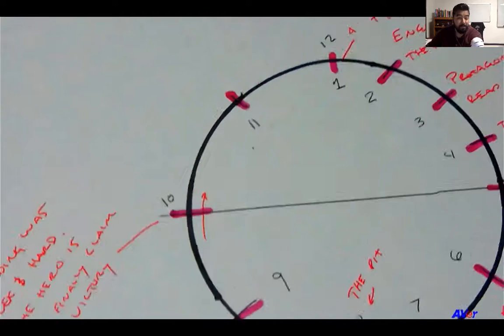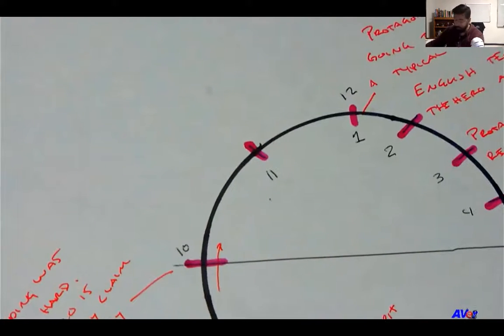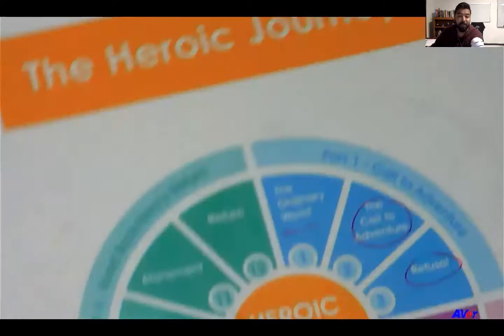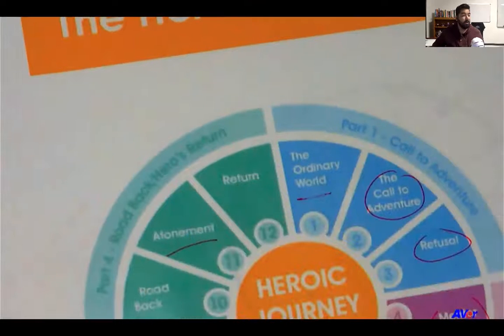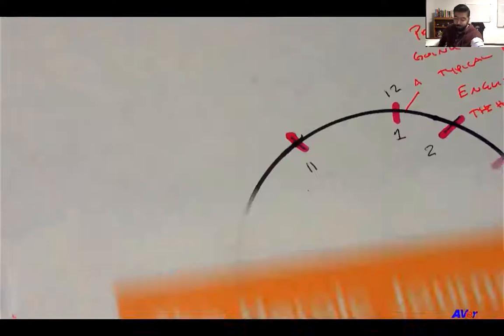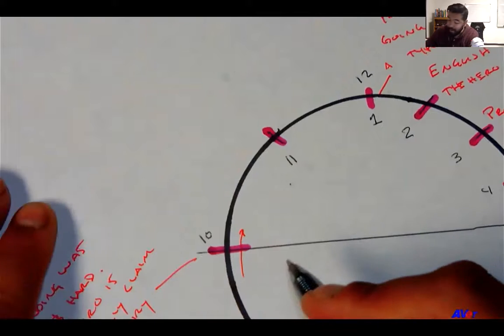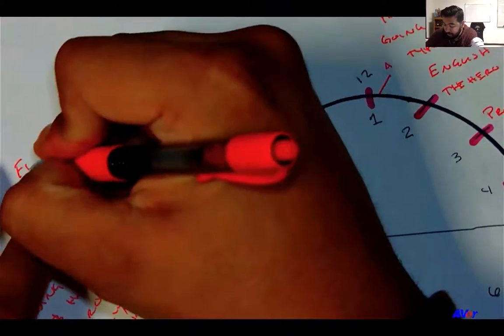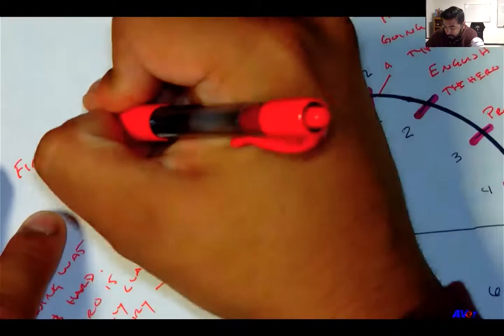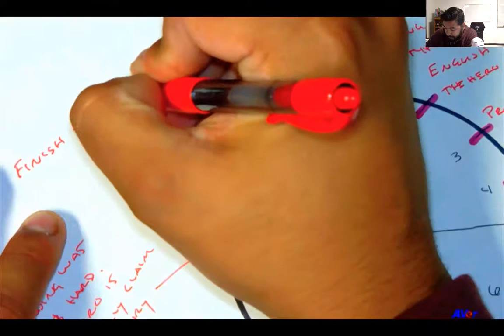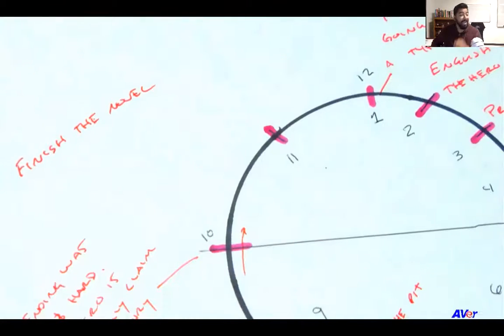Number 11 is, let's see what I have here. It's called the atonement. This is where things start falling back into place. I start going back home, right? Number 11 is I finally finished the novel. I finally finished the novel, and here's the thing.